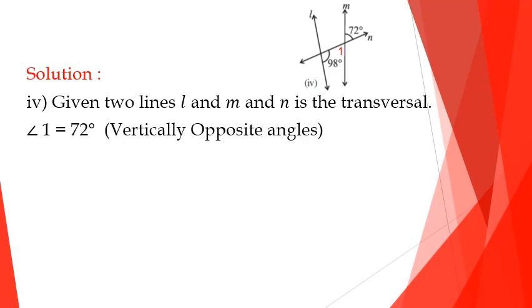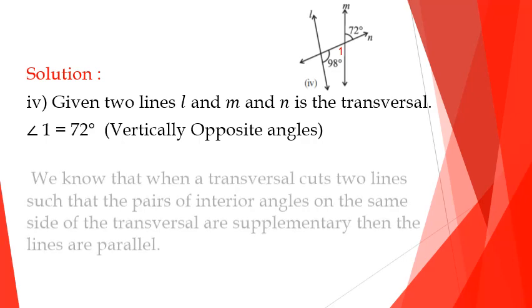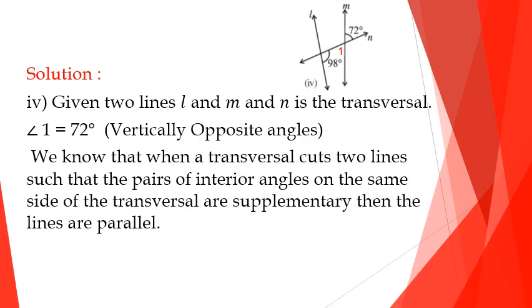Now look at angle 1 and 98 degrees. What about these two angles? These are the angles which lie on the same side of the transversal, interior angles on the same side of the transversal. What is the condition for the given lines to be parallel? When a transversal cuts two lines such that the pair of interior angles on the same side of the transversal are supplementary, then the lines are parallel.